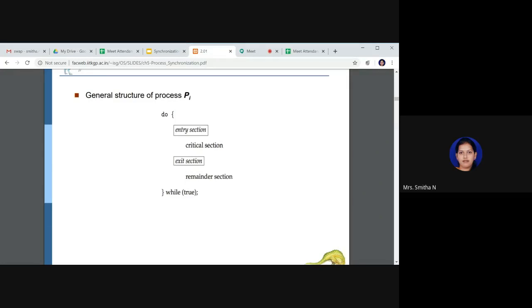Like if Pi exits, it makes some changes so that the next process which is ready, that is Pj, could enter into critical section. So entry section is to block other processes from entering and allowing only one process at a time. Exit section is to change some code so that when one process exits, the other process which is ready could enter into critical section.